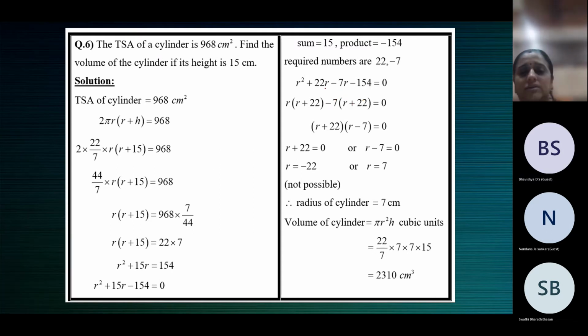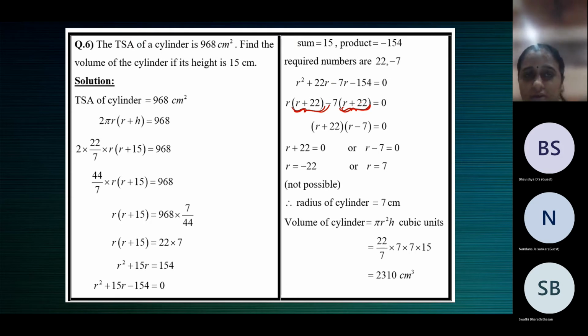Signs are very important, children. This minus sign, put it as it is. Then the common 7. Minus 7 into R is minus 7R. Minus into plus is minus. 7 into 22 is 154. Now you should have the same expression in both brackets: R plus 22, R plus 22.